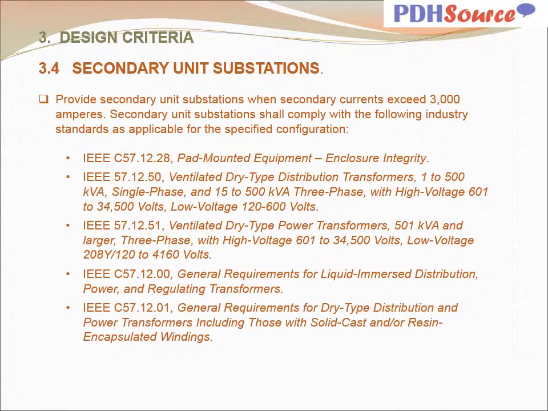IEEE C57.12.00 general requirements for liquid immersed distribution power and regulating transformers, and IEEE C57.12.01 general requirements for dry type distribution and power transformers, including those with solid cast and/or resin encapsulated windings.